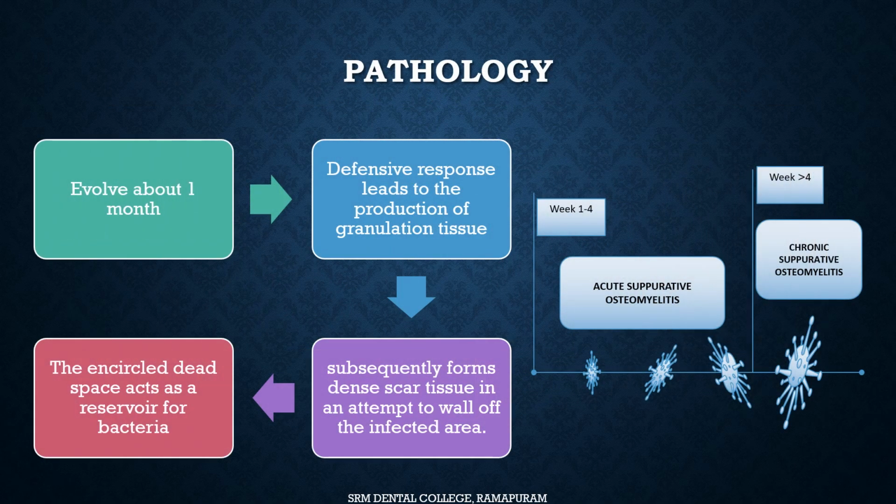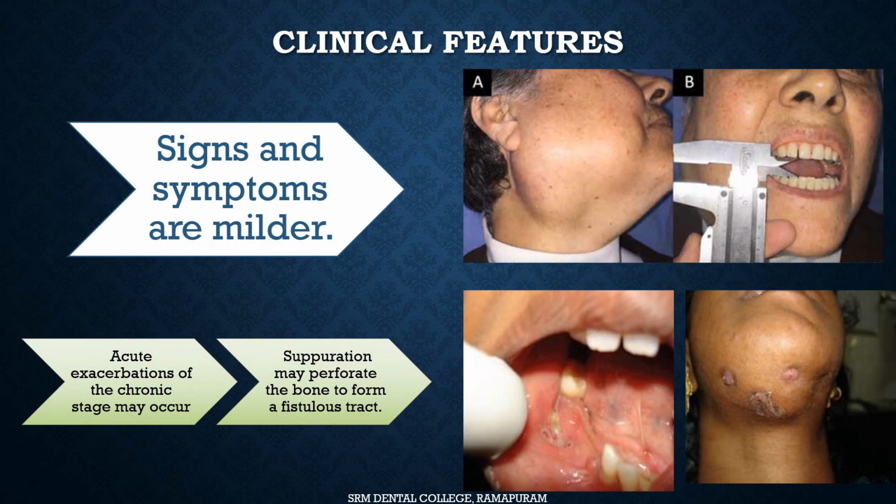So, coming to the pathogenesis, when acute suppurative osteomyelitis is inadequately treated, our body's defenses try to produce granulation tissue in an attempt to wall off the infected area. This encircled area acts as a reservoir for bacteria, resulting in development of chronic suppurative osteomyelitis. The signs and symptoms of chronic suppurative osteomyelitis are similar to those of acute suppurative osteomyelitis, except that they are milder.